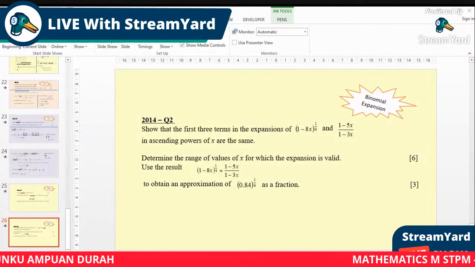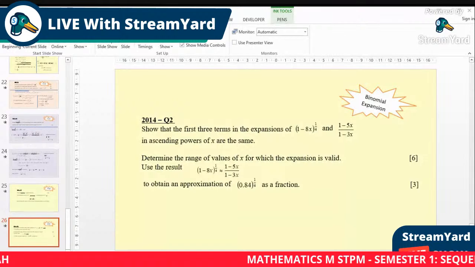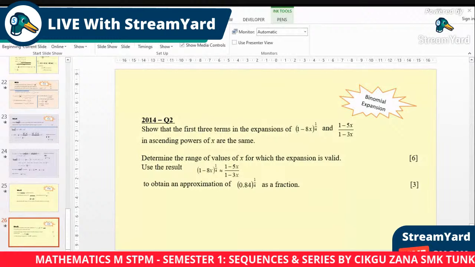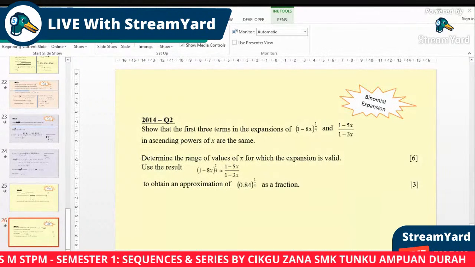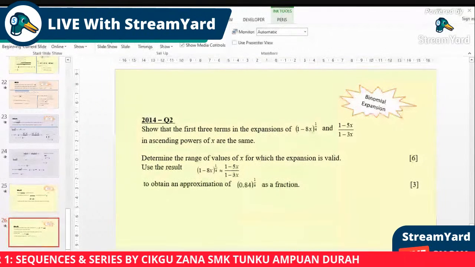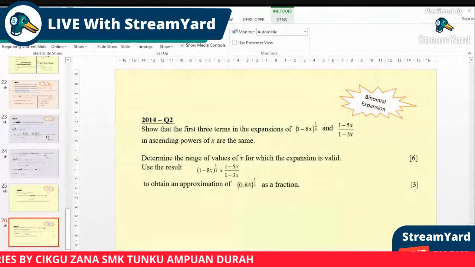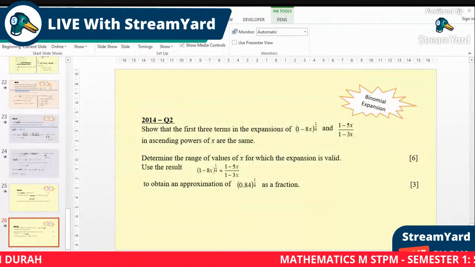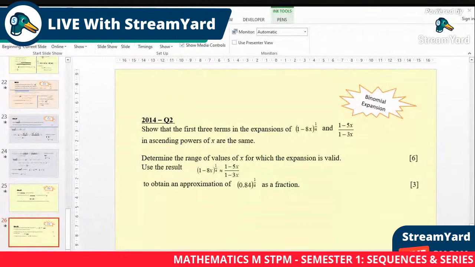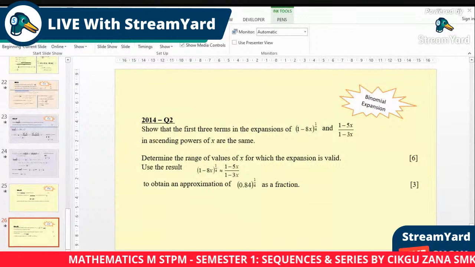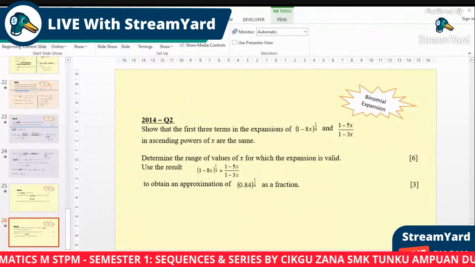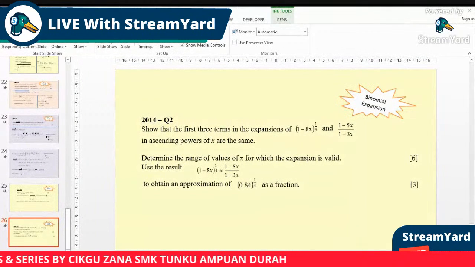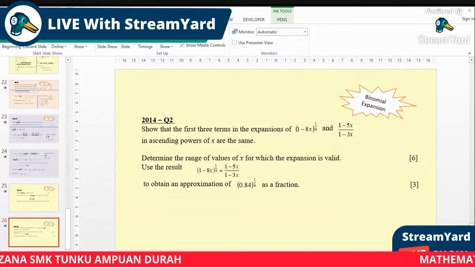So, summary. Know what a sequence is, convergent series, methods of difference, and so on.